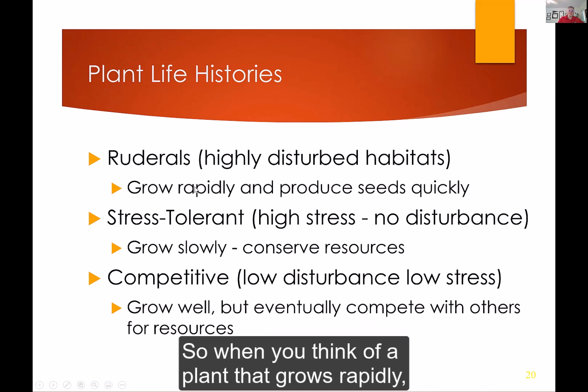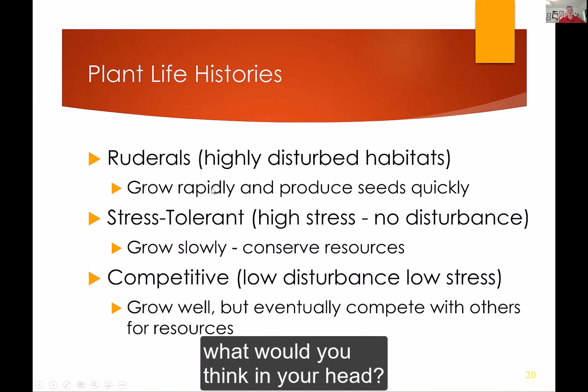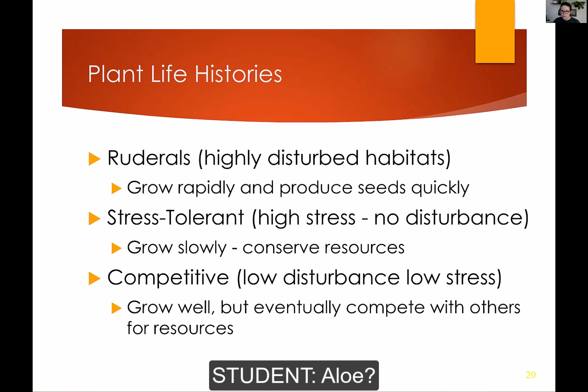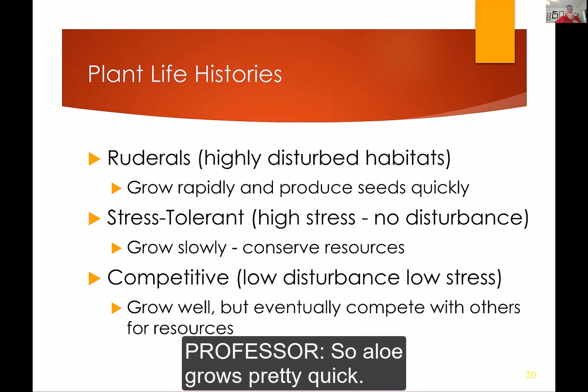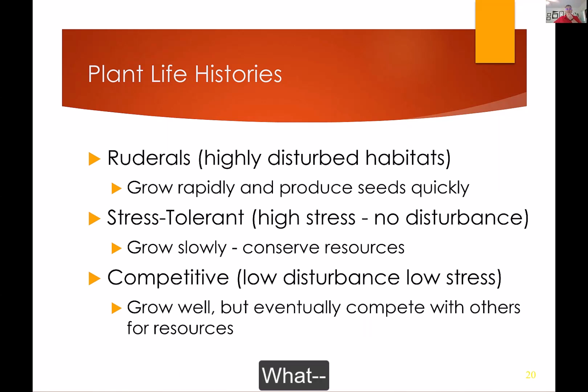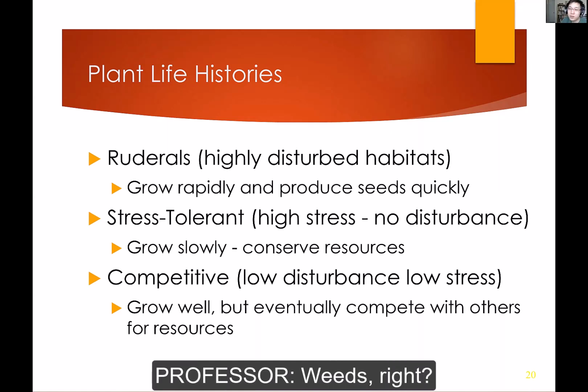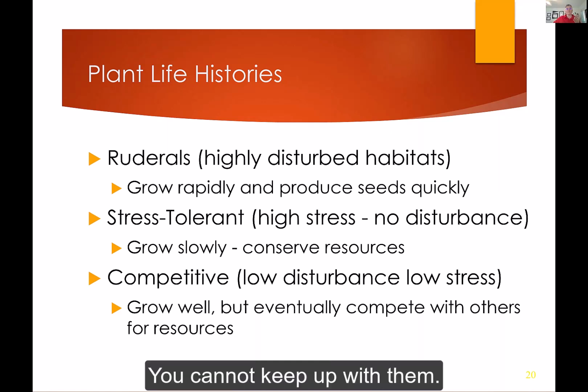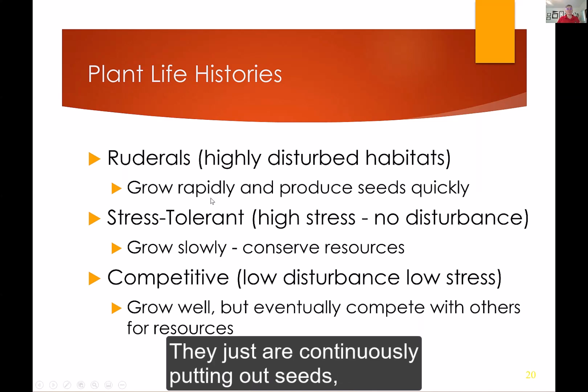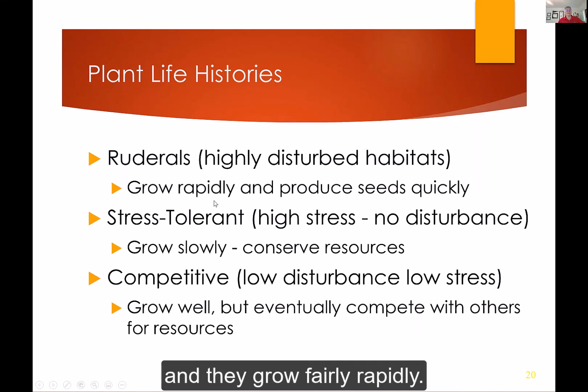So when you think of a plant that grows rapidly, what would you think in your head? Aloe? So aloe goes pretty quick. What else? Look at your front yard. Weeds, right? You cannot keep up with them. They are continuously putting out seeds and they grow fairly rapidly.